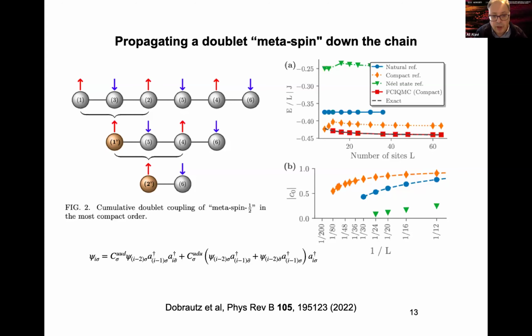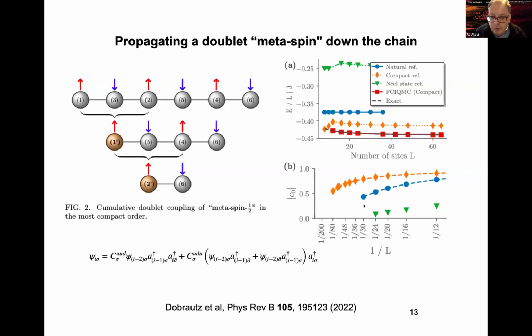We call this 1 prime. That can then be spin coupled to the next 3 sites, and so on. And that ends up propagating this spin half doublet down the chain. And one can recursively construct enormous spin eigenfunctions consisting of very large numbers of open shell orbitals in this way.